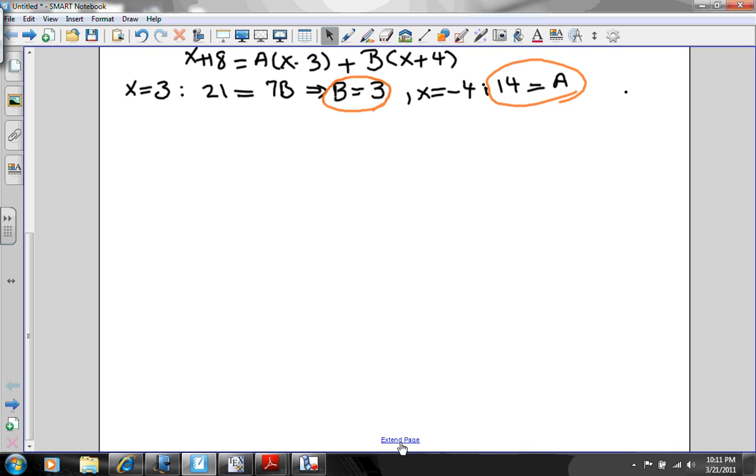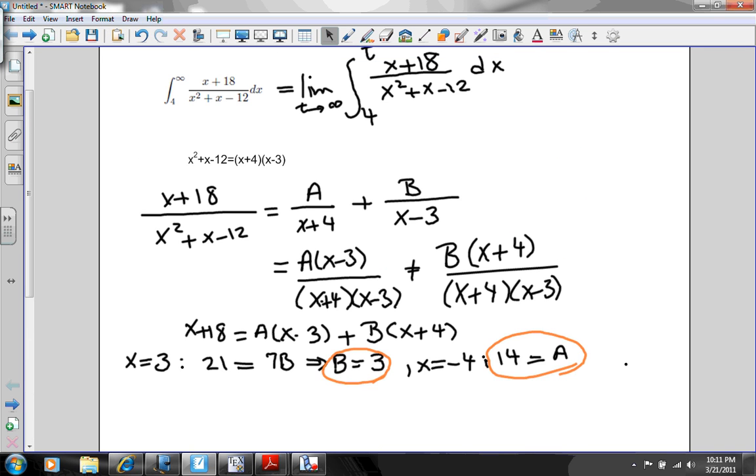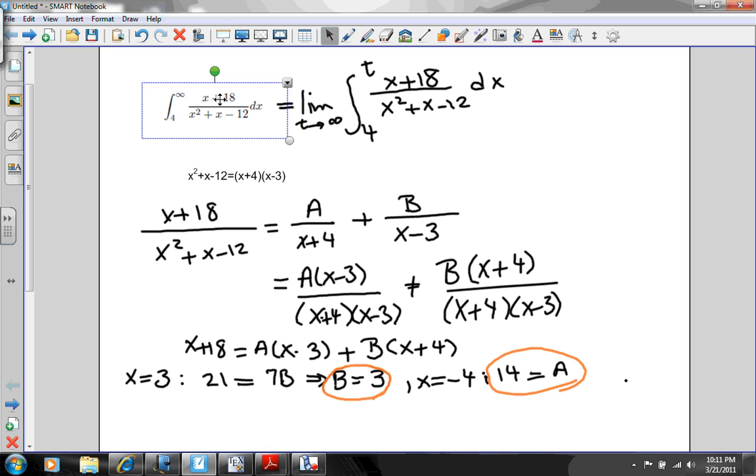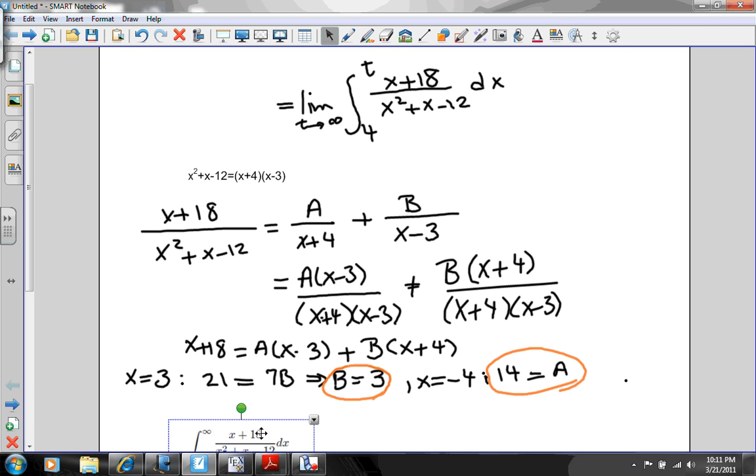Let's bring the integral problem up again.